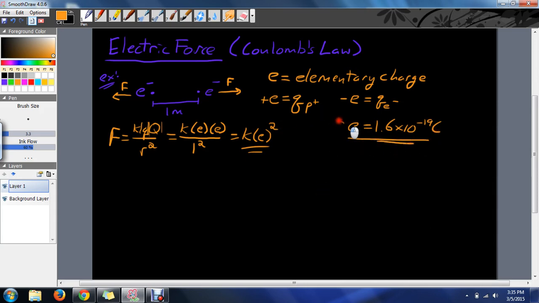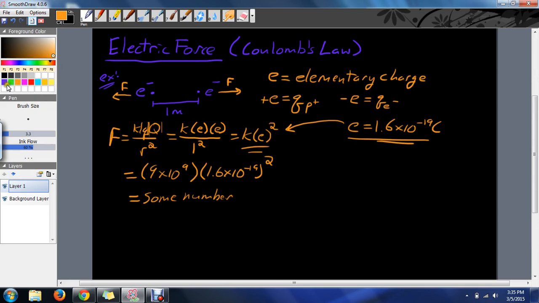And if we plug that in here, we can get an actual value for the force. 9 times 10 to the 9, 1.6 times 10 to the negative 19 squared, and you get some value which I don't really want to do on my calculator. Cool? Hope that makes sense. So review of what the elementary charge is, that it's the charge of a proton and charge of an electron equals some number.